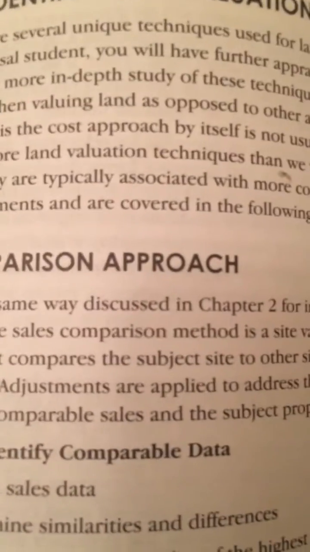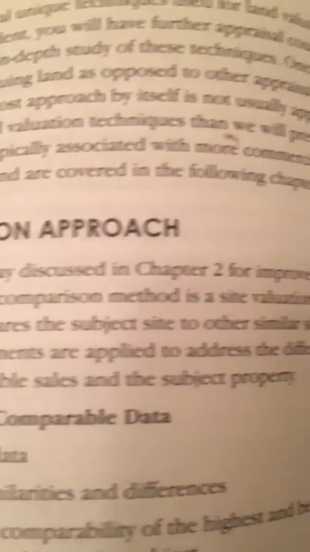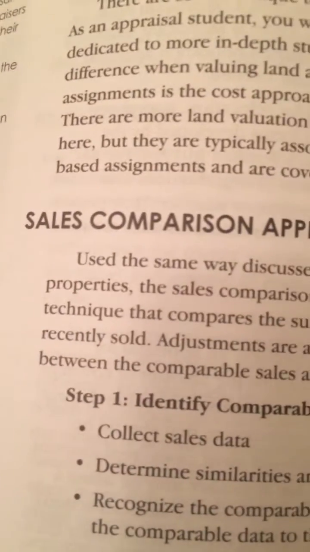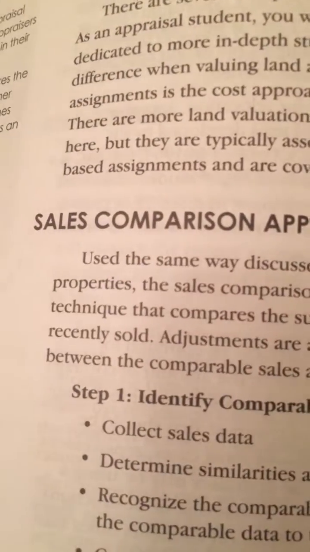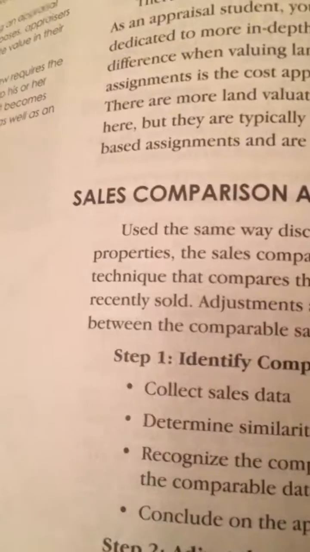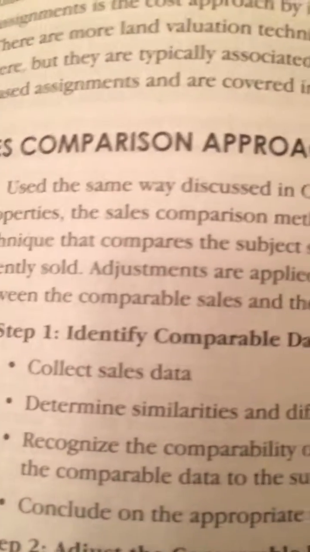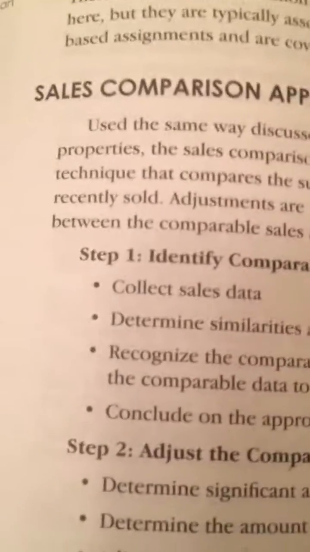Sales comparison approach. Use the same way discussed in chapter 2 for improved properties. The sales comparison method is a site valuation technique that compares the subject site to other similar sites recently sold. Adjustments are applied to address the differences between the comparable sales and the subject property.